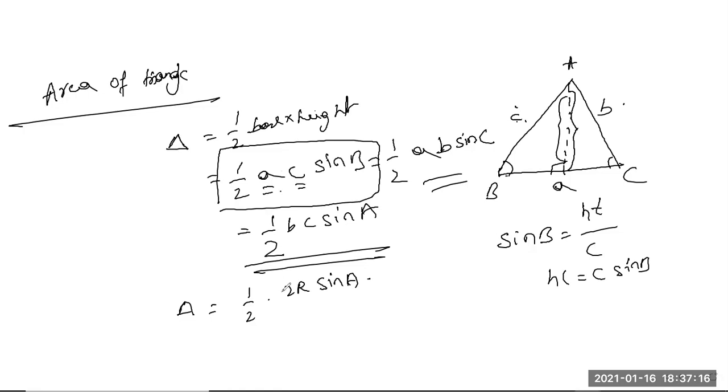From sine rule, A is 2r sin A and C is 2r sin C and then sin B. So this and this will get cancelled, so it will become 2r square sin A sin B sin C, right?